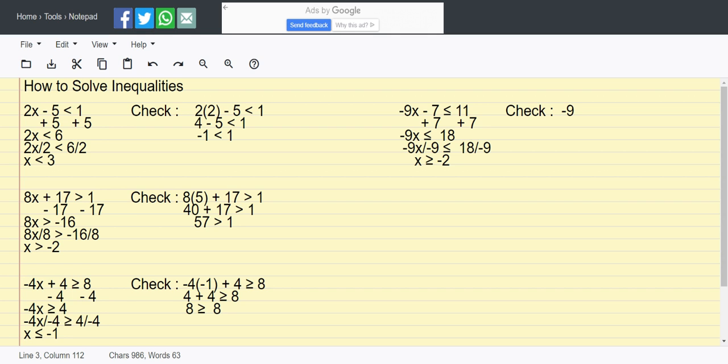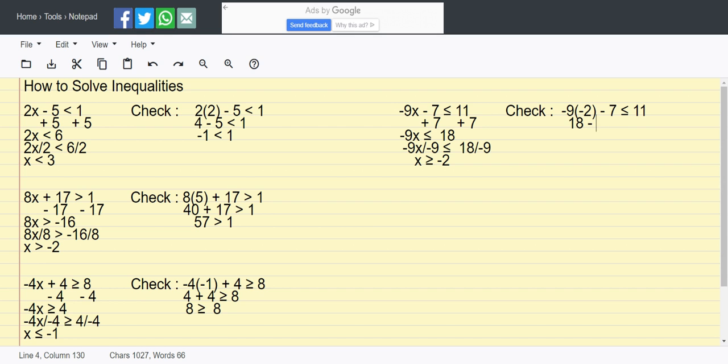Negative 9 times (negative 2) minus 7 is less than or equal to 11. Negative 9 times negative 2 is 18, positive 18.